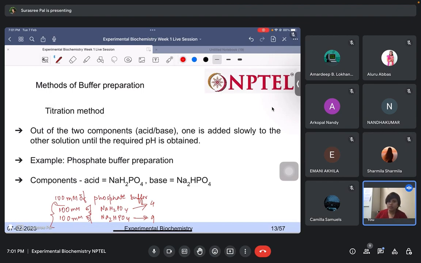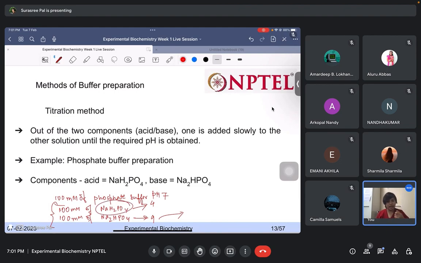Now suppose we have to prepare the 100 millimolar of phosphate buffer of pH 7. In these two, which one is closer to 7? The pH 9 one, right? The Na2HPO4 is closer to pH 7. So we take this Na2HPO4 and we add drops of this NaH2PO4.